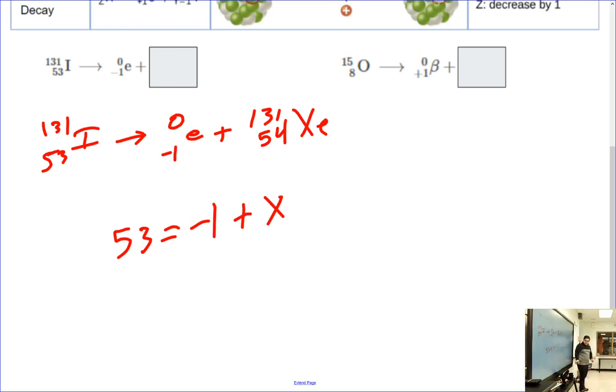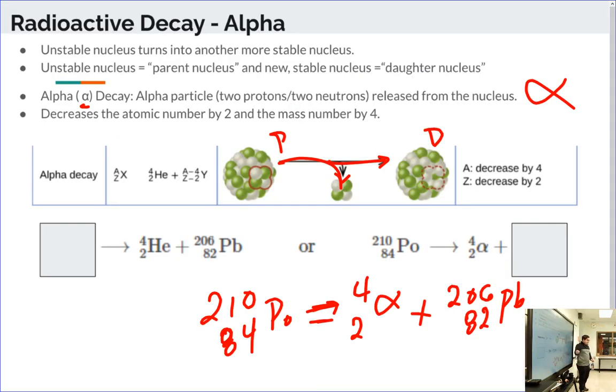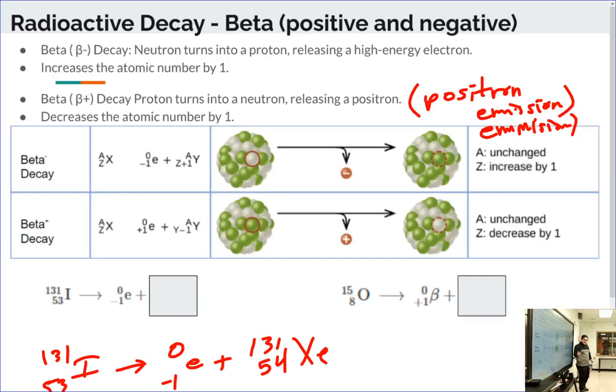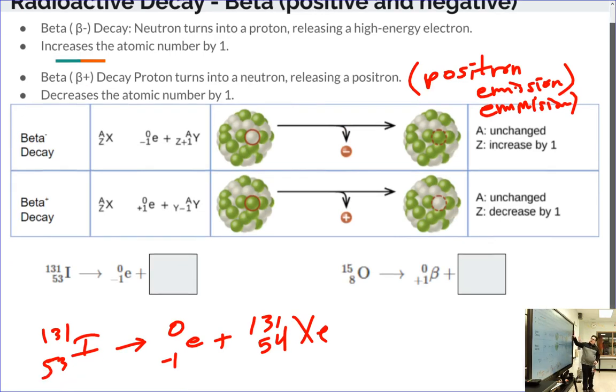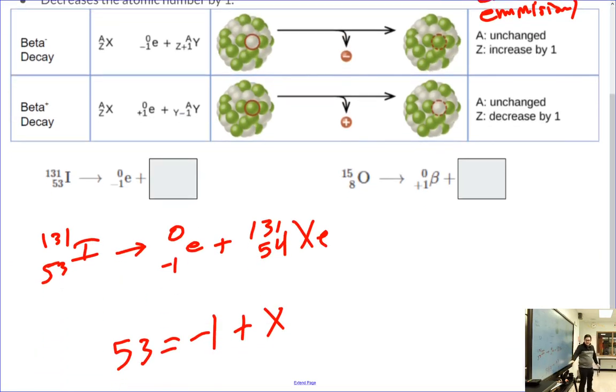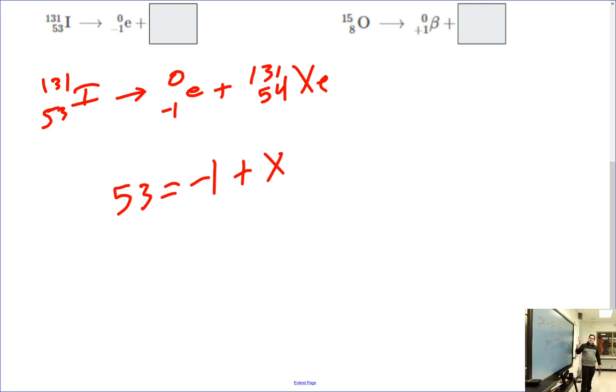On the last one, we had 4 and 2, both positive numbers. This one now can have a negative number. Some people, to help get them straightened out, will write out this little math problem and solve from there. Does that answer your question?